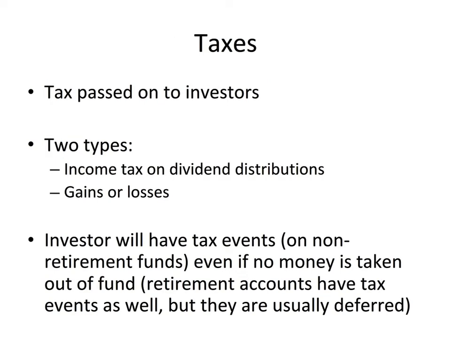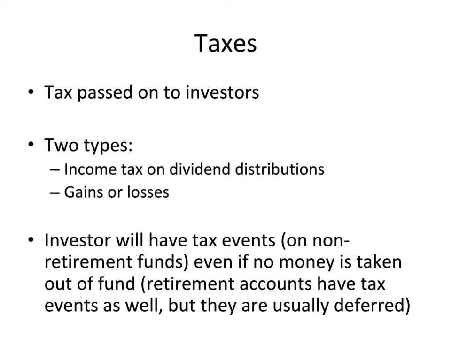Taxes on either type of fund, open-end or closed-end, are typically passed through to the investor. There are two types of taxes. There's income tax on dividend distributions, so every time a stock declares a dividend, those dividends would be taxable. And there are also gains or losses on securities trading. So if a fund manager purchases an asset and then sells it for a gain, that would create a taxable event.